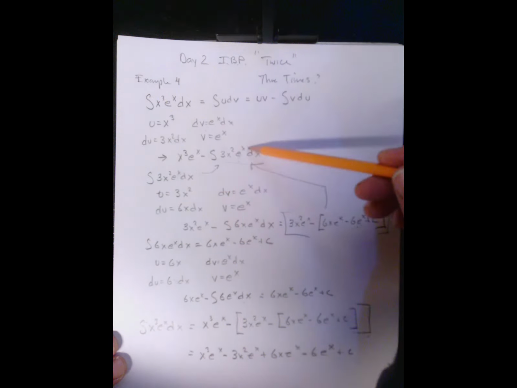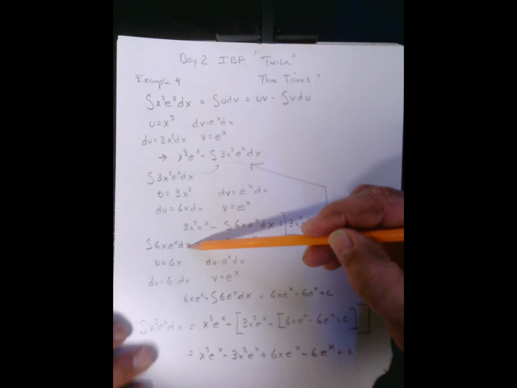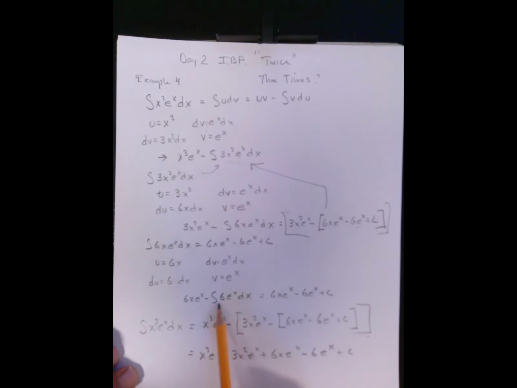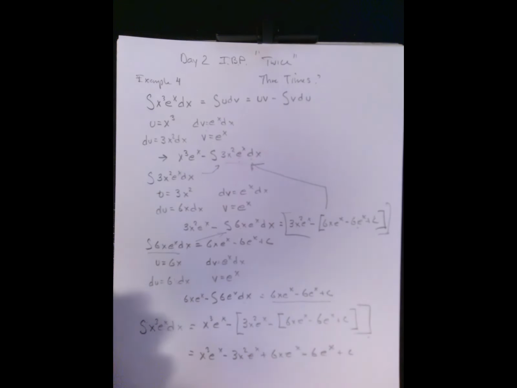And what that means I haven't really formally defined, but I'm seeing that with each successive application, I'm left integrating something that's easier than the previous, and so I'm getting somewhere, and I'm finally able to evaluate u dv this time, which allowed me to evaluate u dv from the previous. Okay, that's example 4, and that ends day 2 of integration by parts.